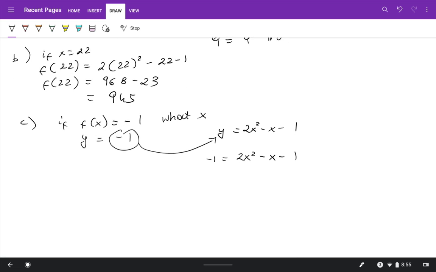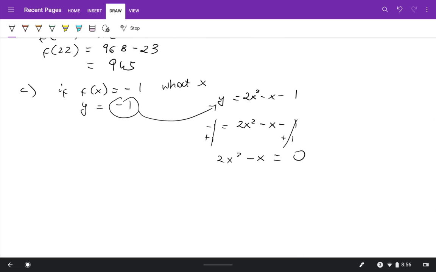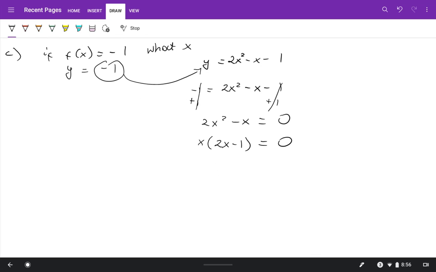This is a quadratic equation, so move everything to one side. Let's add 1 to both sides. And we're having 2x squared minus x, the 1s cancel, equals 0. So now factor x. That will give you x times 2x minus 1 equals 0. And use the product property, which means x equals 0 or 2x minus 1 equals 0.